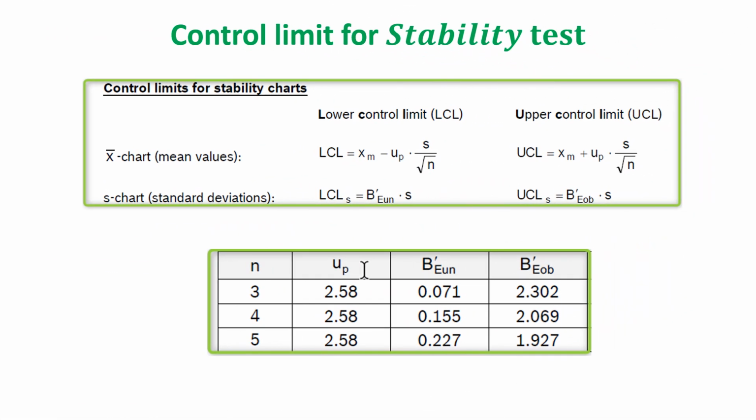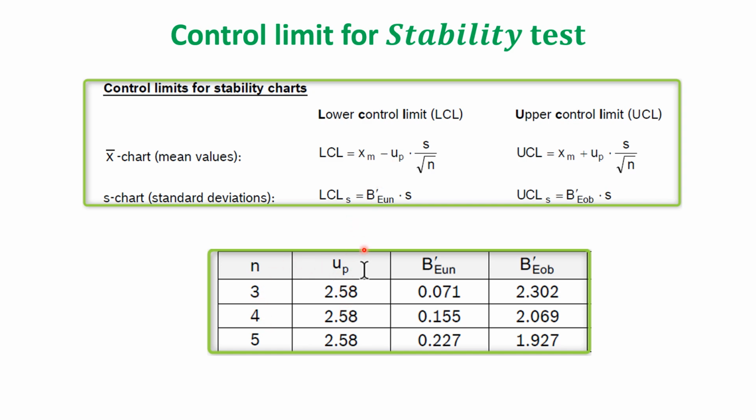Now the question is how to decide whether the stability test is okay or not okay. When you are having the initial test, you have to take the master and measure it 3 to 5 times. Depending upon n, whether it is 3, 4, or 5, you have to select the constant.